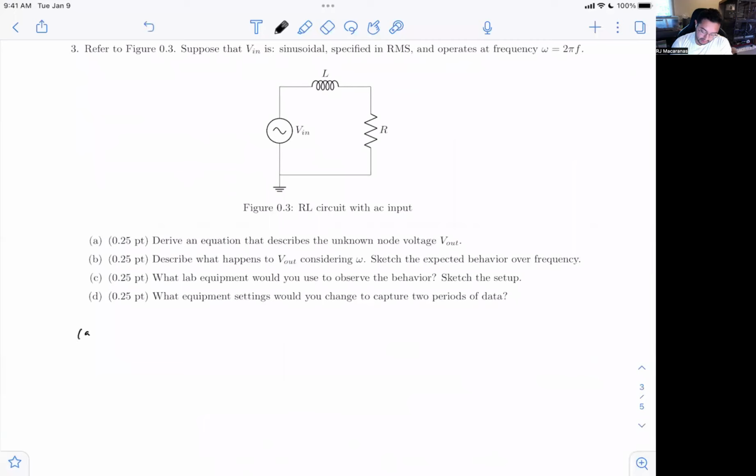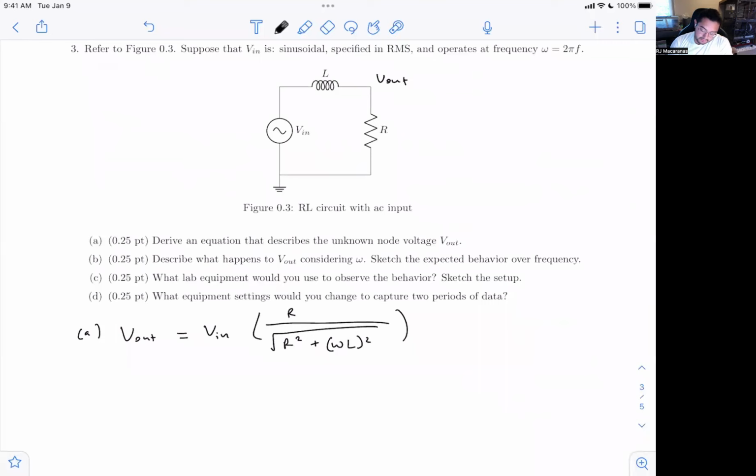So we're looking at an equation to describe V out again. V out, and we're looking at sinusoidal things again, so I'll just use the voltage divider principle. V out is a fraction of V in, and it's going to be R, looking across R, divided by this quantity, the square root of R squared plus omega L squared.